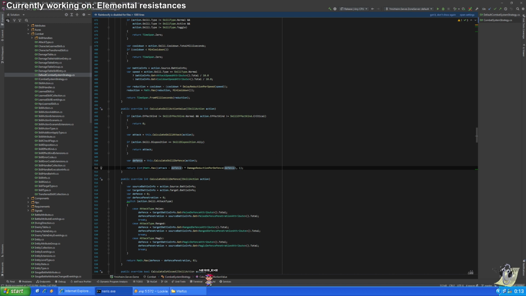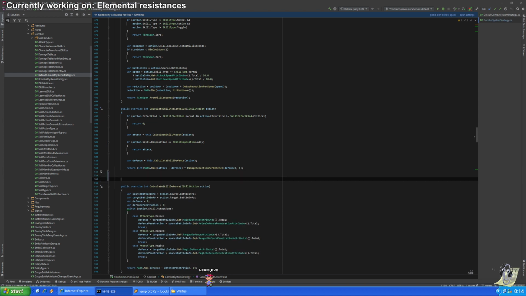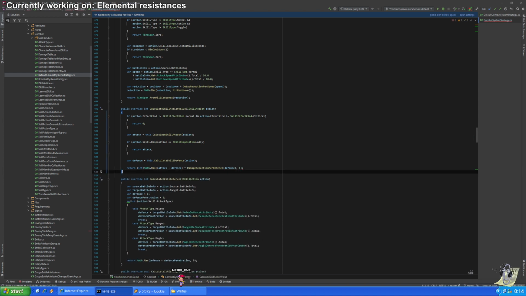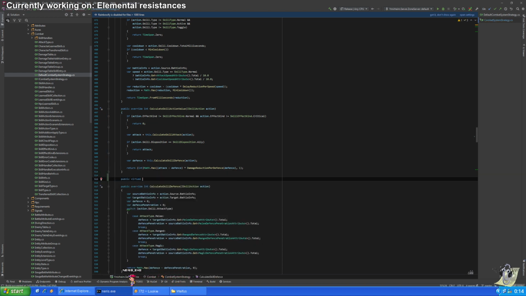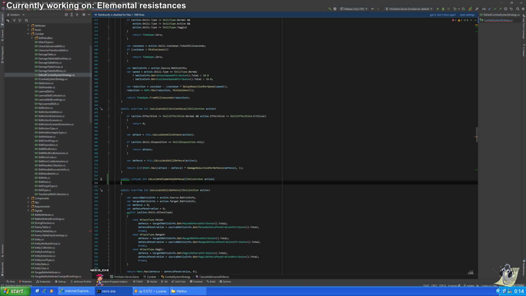So I need a couple of new methods. So it's gonna be calculate elemental defense, skill action.